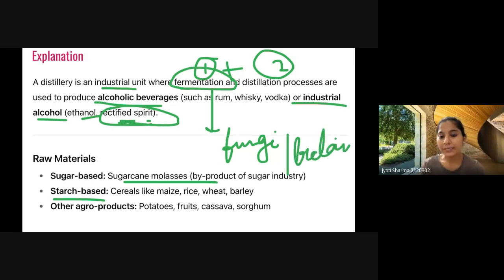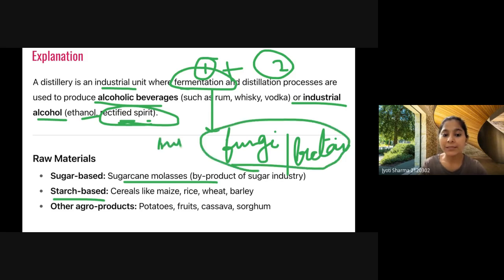But that bacteria and that fungi will grow only on the substrate that will give them the energy, right? So that energy will come from starch or from sugar or from different nutrients that fungi or bacteria should have for the fermentation.